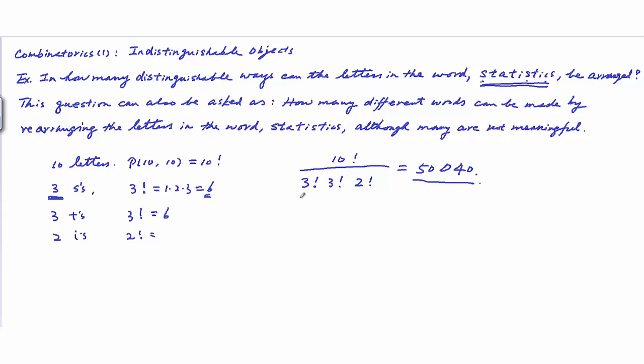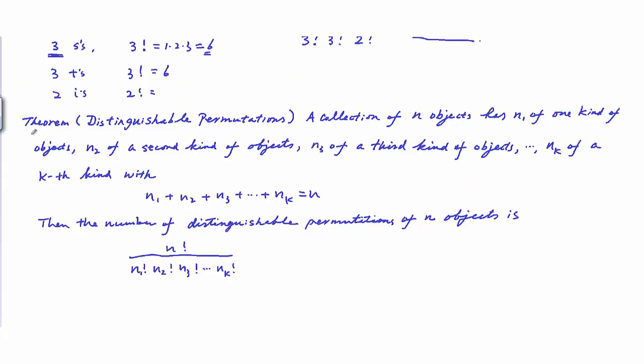From this example, we can generalize it or abstract it to a more general case. Theorem: distinguishable permutations. A collection of n objects has n sub 1 of one kind of object, n sub 2 of a second kind, n sub 3 of a third kind, up to n sub k of a kth kind, with n sub 1 plus n sub 2 plus n sub 3 up to n sub k equals n.